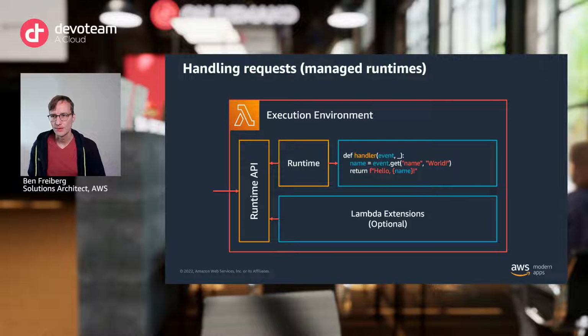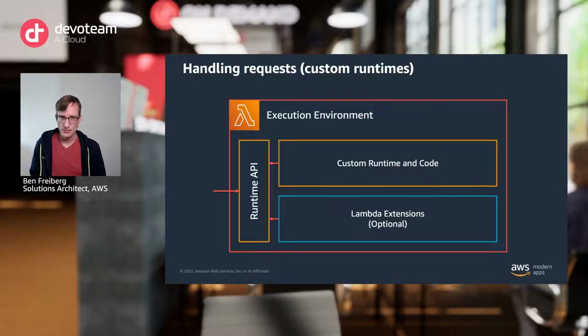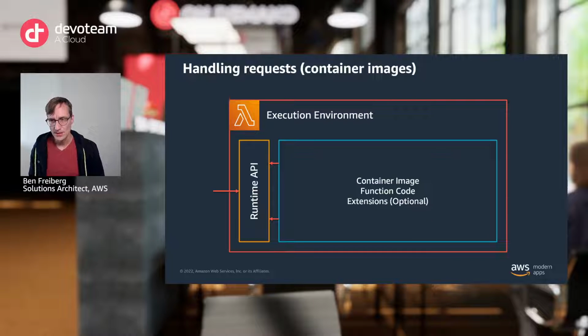If you, on the other hand, use custom runtimes, you need to include that runtime as well as the code, and again, optional extensions. On the other end of the spectrum is a container image. Here you need to include everything in the container image: the function code and any optional extensions. The runtime API is the only way to communicate with your container image.